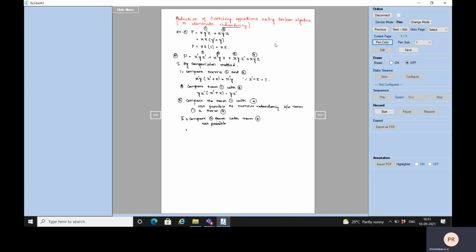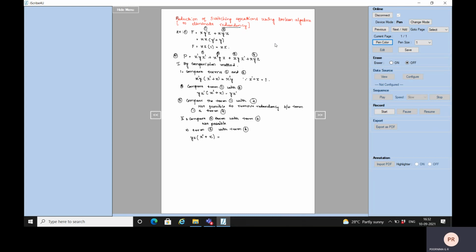Similarly, the second step: compare term 2 with term 4. When term 2 and term 4 have been compared, we can see that with yz common, x bar in one term will remain and x in another term will remain.